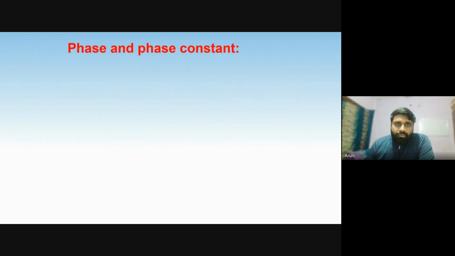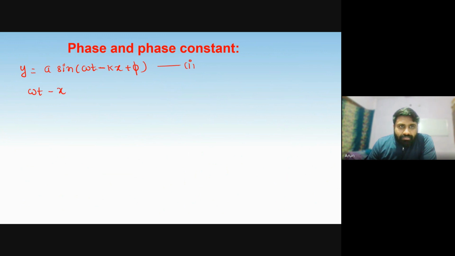Now, what is phase and phase constant? It is very simple. We have the equation now: y is equal to a sine omega t plus minus kx, or specifically we will take omega t minus kx plus phi. In this equation, this is equation number 1. Omega t minus kx plus phi itself is termed as phase.